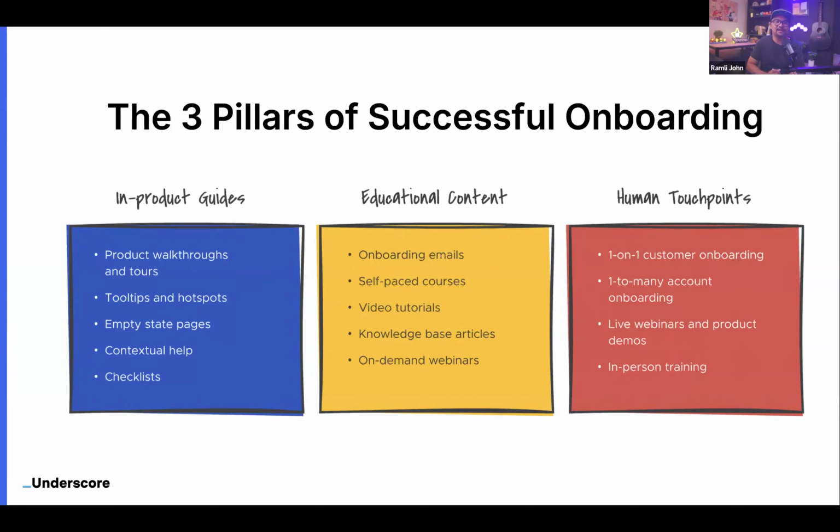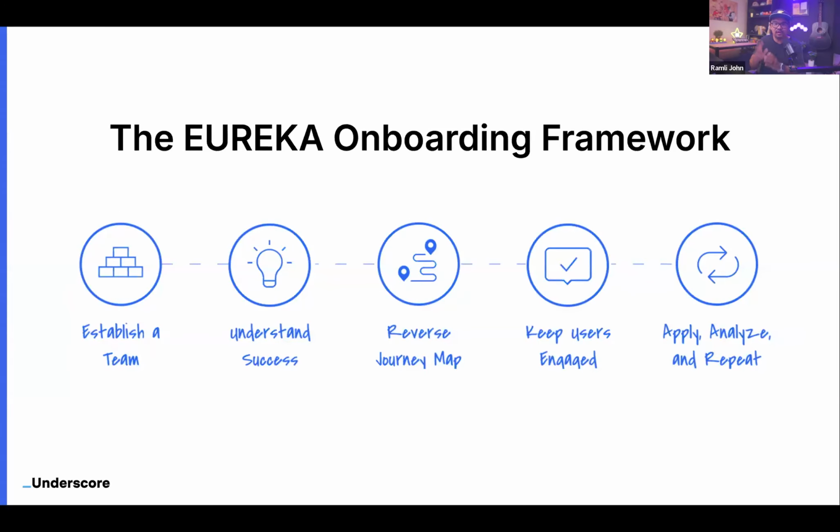There's product and design in the first pillar, then there's education and marketing in the second pillar, and then the third is around customer success and more like customer onboarding as well, or it could even be support.